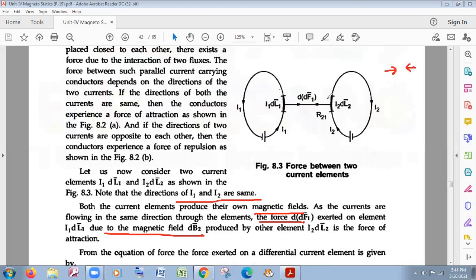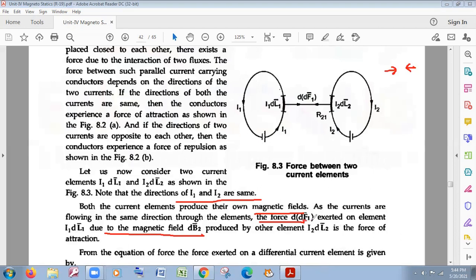If there is no second conductor, no force will exist here. When the second conductor is there, the force is exerted due to the second conductor. If there is no first conductor and only the second conductor is there, there is no force. When the first conductor is there, the force is exerted due to the first conductor.